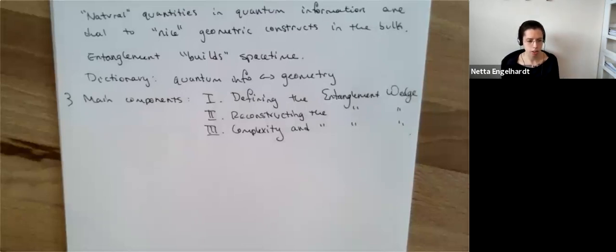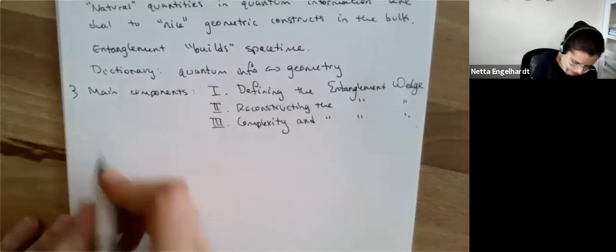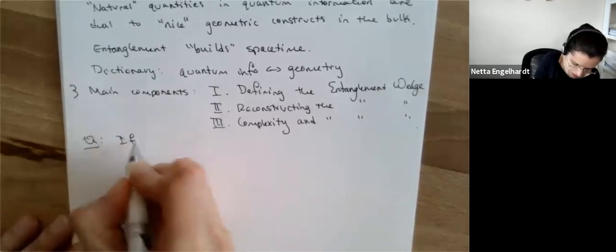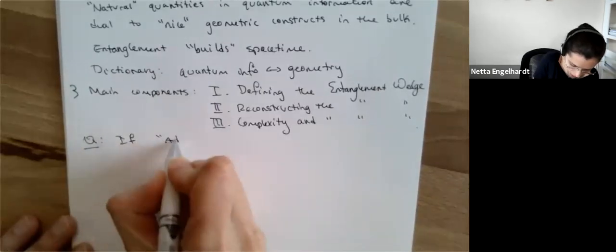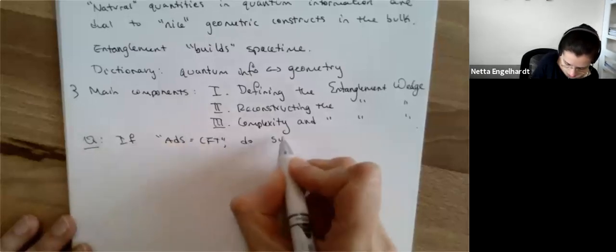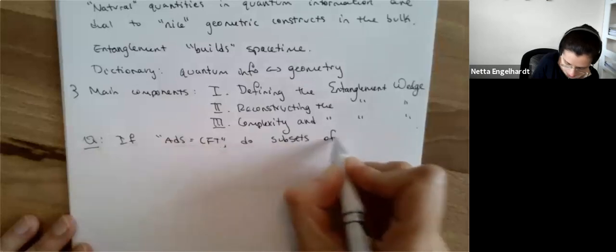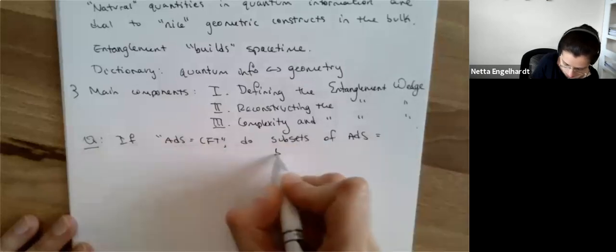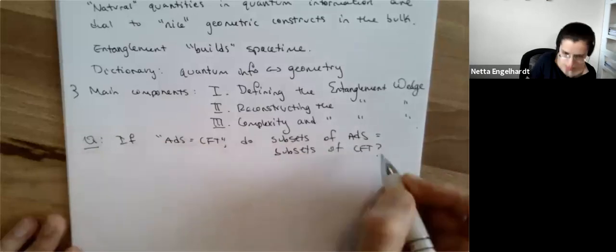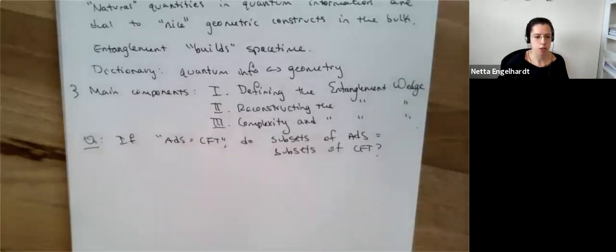On an intuitive level, it's the answer to a very fundamental question that we might be asking, which is, if, quote unquote, AdS equals CFT, do subsets of AdS equal subsets of CFT? And the answer is going to turn out to be yes, and this is where the entanglement wedge comes in.